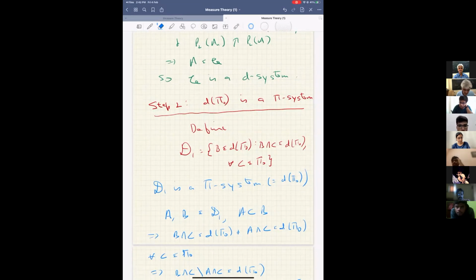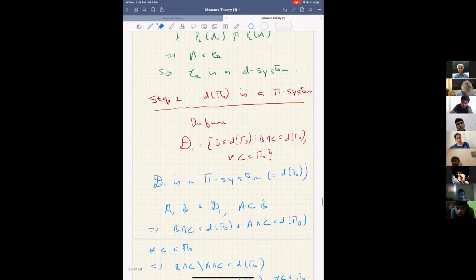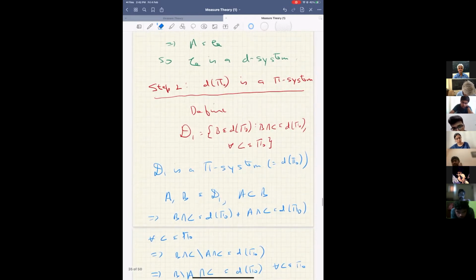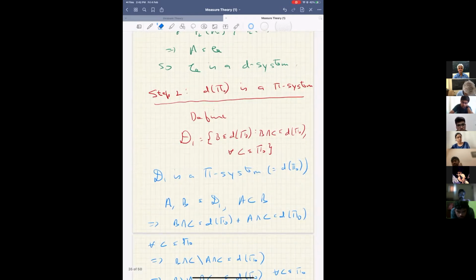Pi 0 itself is a pi system. And we are saying D of pi 0, the smallest D class which includes pi 0, is also a pi system.